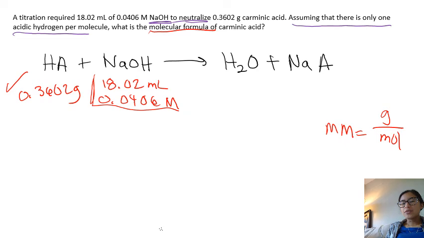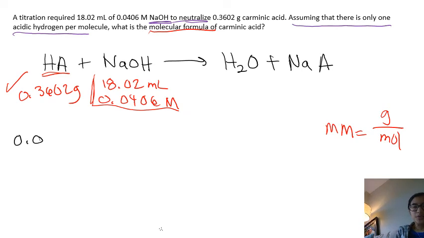So let's calculate the moles of carminic acid from the information they gave us with sodium hydroxide. Let's get to moles of sodium hydroxide. It's starting out with 0.01802 liters of sodium hydroxide.